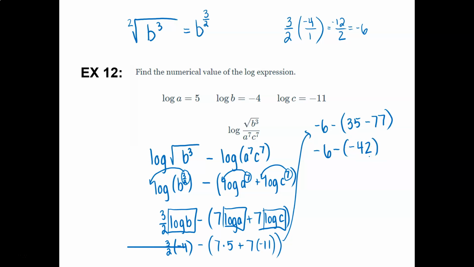Am I doing that right? I think so. You can check me with your calculator if you want. And then negative and negative here becomes positive. And so we end up with 36 for our answer. Double check me with those calculators.